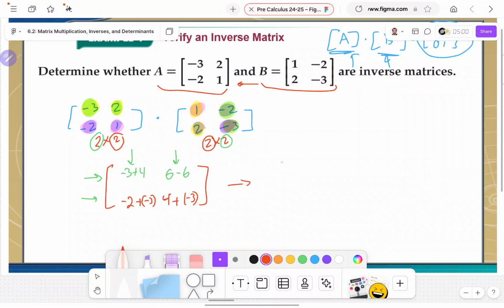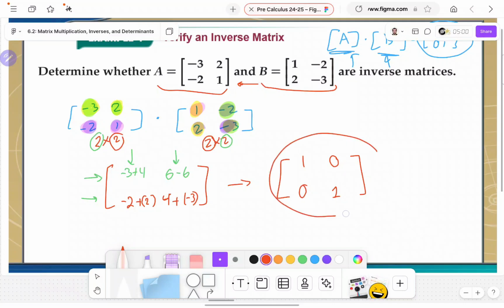Now let's simplify this. Negative 3 plus 4 is equal to 1, 6 minus 6 is 0, negative 2 plus, this one should not be negative 3, this one should be 2. So the answer here is 0. Then 4 plus negative 3 is equal to 1.